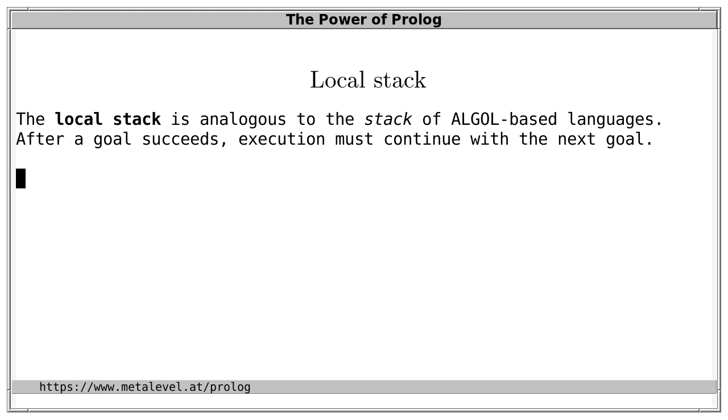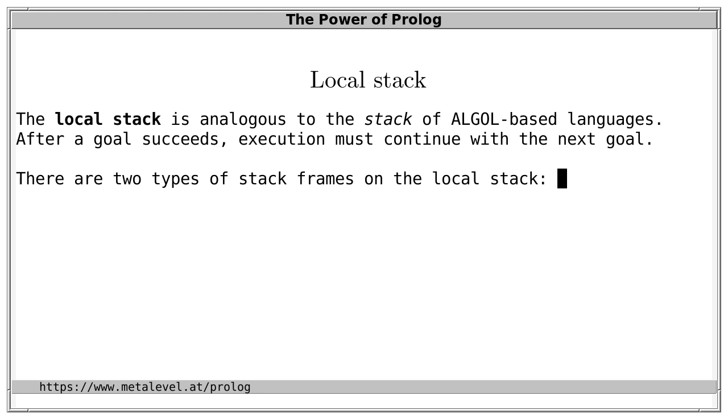So maybe aside from the straightforward tail call optimization, it's so far really quite analogous to the stack of other languages. However, with Prolog, there's a bit more to it, because as already mentioned, there are two types of stack frames on the local stack.